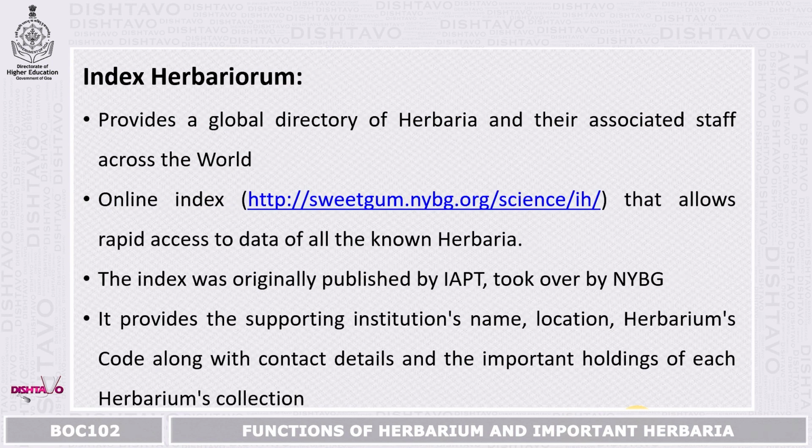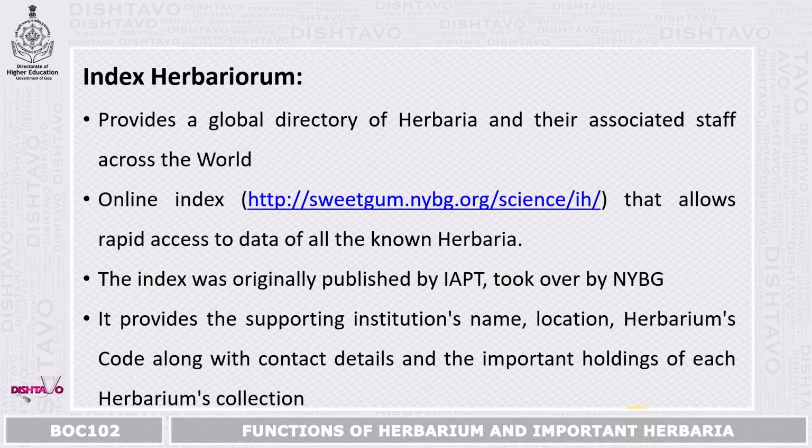Index Herbariorum. Index Herbariorum is a global directory of herbaria and their associated staff across the world. It is an online index that allows rapid access to data of all the known herbaria across the world. The index was originally published by the International Association of Plant Taxonomy, but it was later taken over by the New York Botanical Garden.